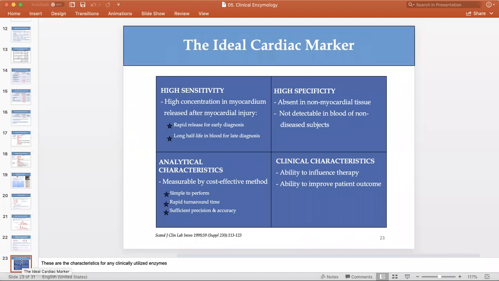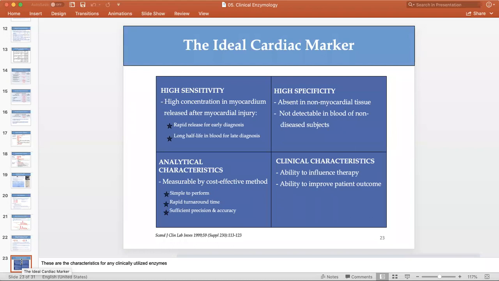What makes an ideal cardiac marker? Whenever we talk about a diagnostic test, it could be anything, like a CT scan, X-ray, CBC, anything, they need to have certain relevance. They need to have good sensitivity and good specificity. Sensitivity means that if there is a disease going on, I should be able to sense the level of this enzyme or the disease state.